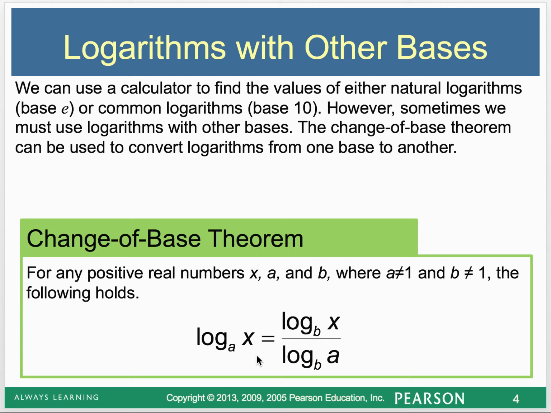But it doesn't matter, whatever you feel most comfortable with. So I'm going to change this to any base I want, and notice the position here. The X, the argument, is above the base, and so that tells me, oh, same way in my formula. The argument is what goes on top. The base is what goes on bottom.